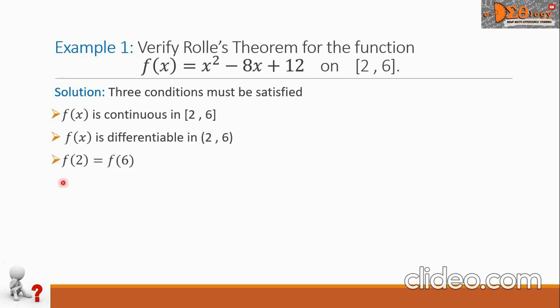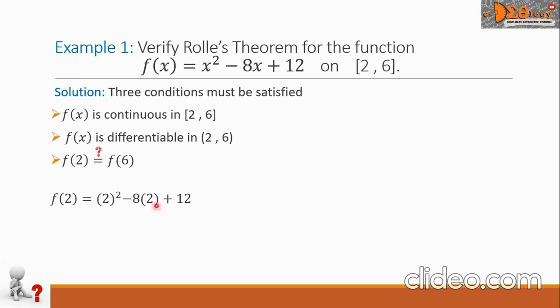Third condition, f of 2 equals f of 6. Take note that in our interval here, the first number is a, the second number is b. So our f of 2 is equal to f of 6 must be verified first. Let's begin with f of 2.